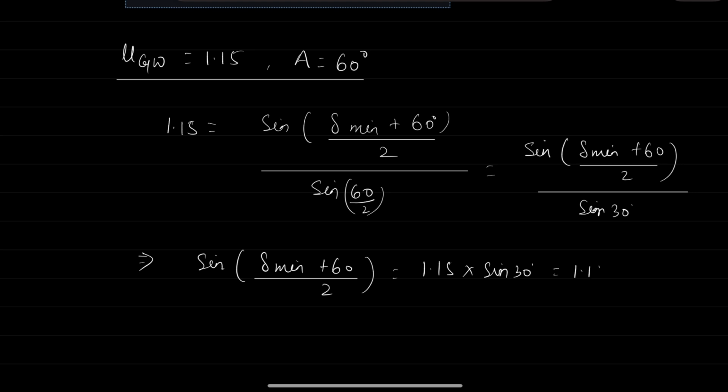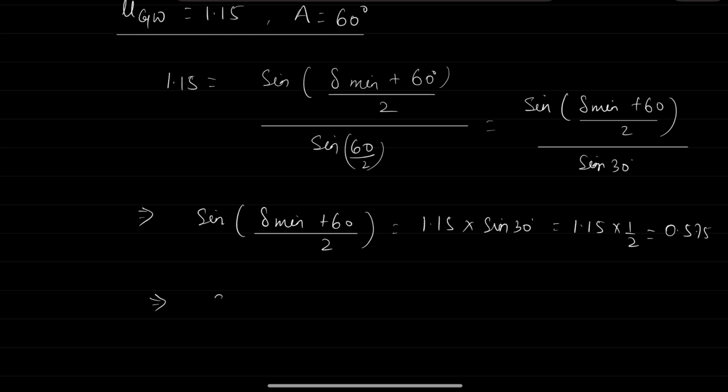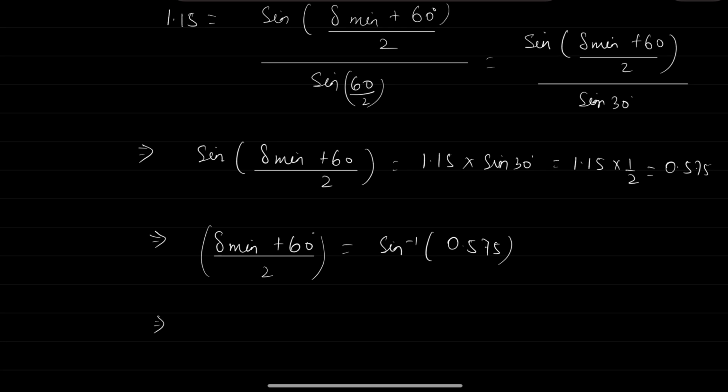So 1.15 into 1 by 2 is equal to 0.575. Now (minimum deviation plus 60) divided by 2 can also be written as sine inverse 0.575. The sine inverse of 0.575 is approximately equal to 35.10 degree, and this is (minimum deviation plus 60) divided by 2.